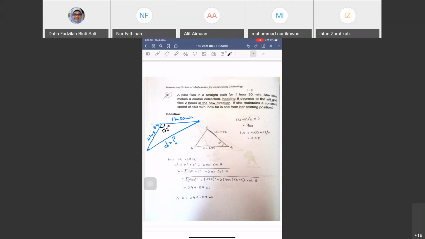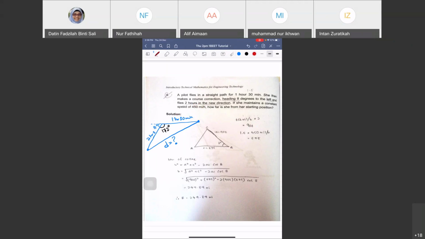But because you are given the statement of a constant speed of 450 miles per hour, that means 1 hour is 450 miles. So you just need to convert 1 hour 30 minutes as well as 2 hours into miles.